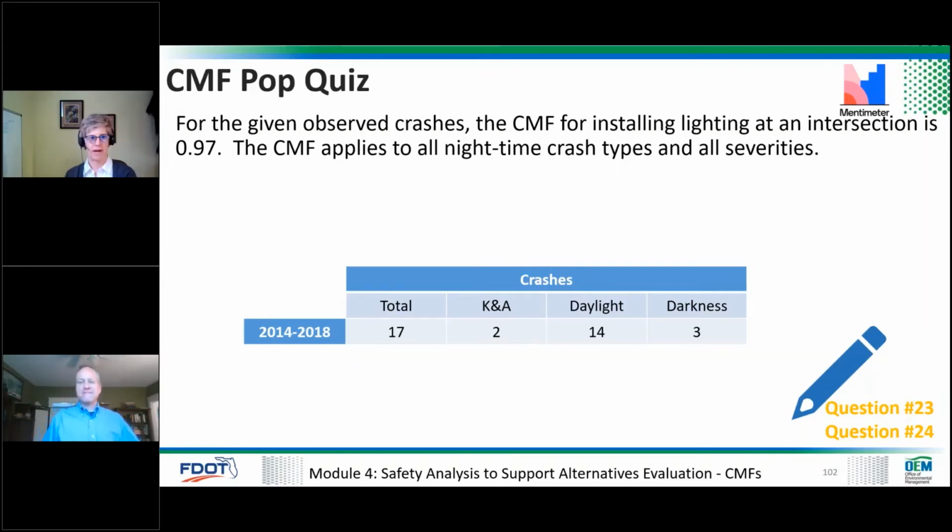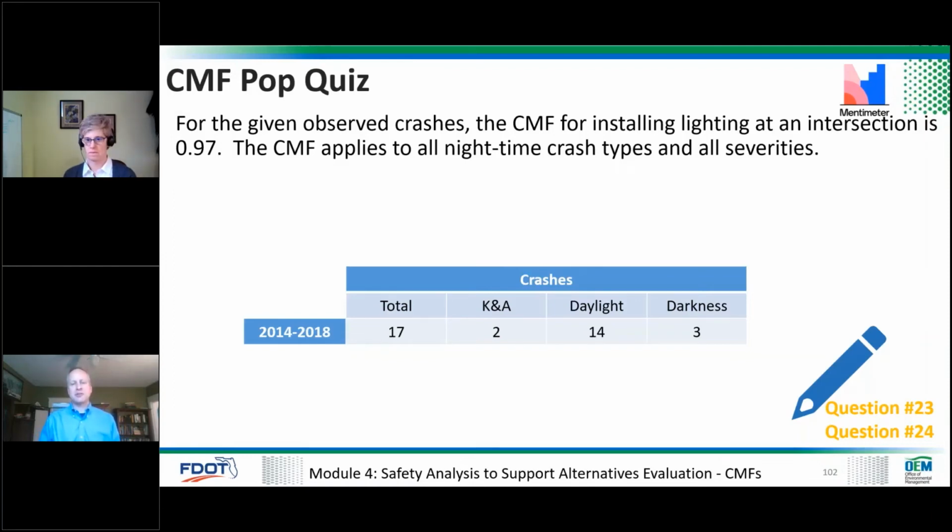This does require math. Beth, I think you've got the cheat sheet with the answer, right? Go ahead and take your shot at this. 0.97 is the CMF, and put in lighting.